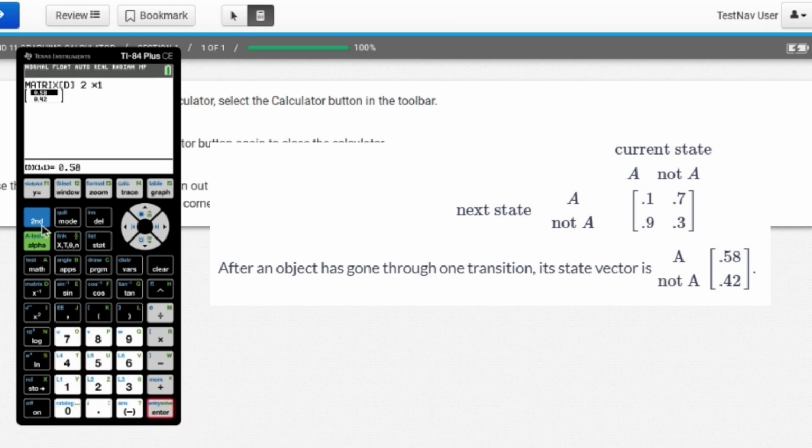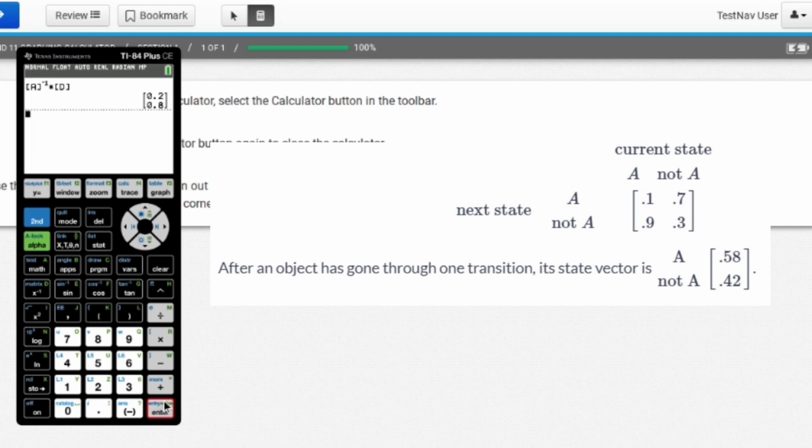Now what I need to do, let's quit out of this, is find A inverse times D. So go to second matrix, select A, and we're going to do the inverse button, and multiply this by second matrix 4. Hit enter, and we get 0.2 and 0.8.